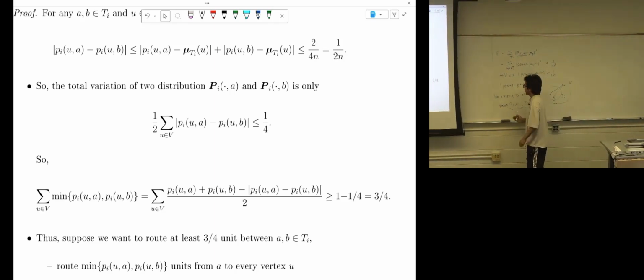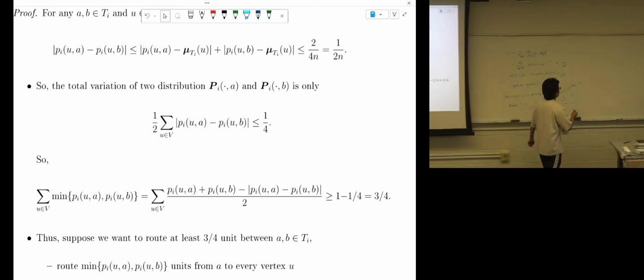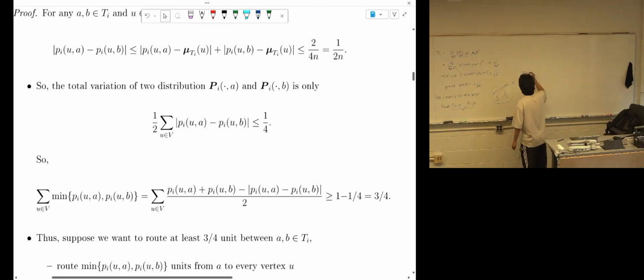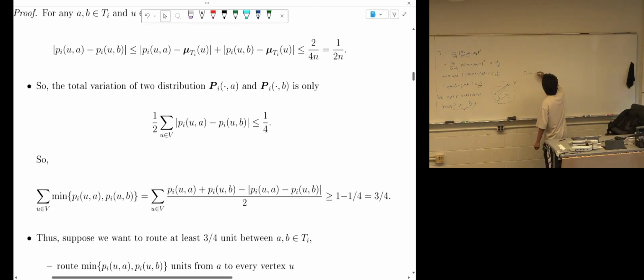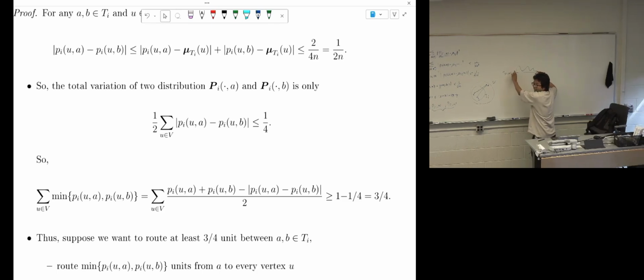This is just some algebra, but the way I think about it is this. I think of the position of A as some distribution, a distribution over nodes v1 up to vn, where summing over all nodes is just 1.